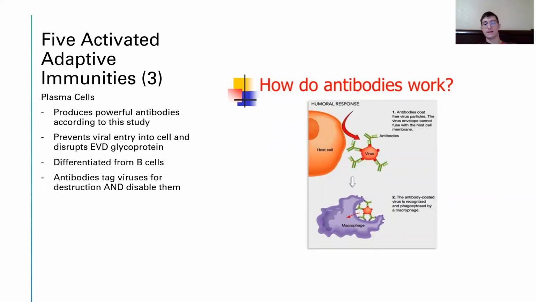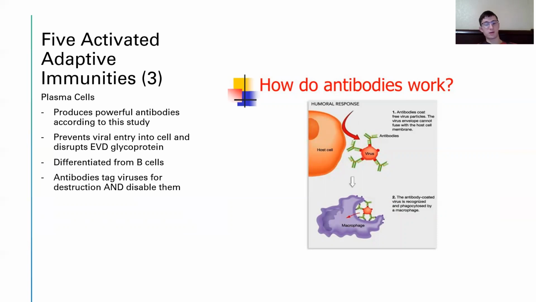So just on the more biological processes of things, B cells differentiate into these plasma cells to form these neutralizing antibodies. Some of these studies show that there are actually a varied number of neutralizing antibodies, as I talked to you about in the previous slide. Plasma cells are often short-lived.